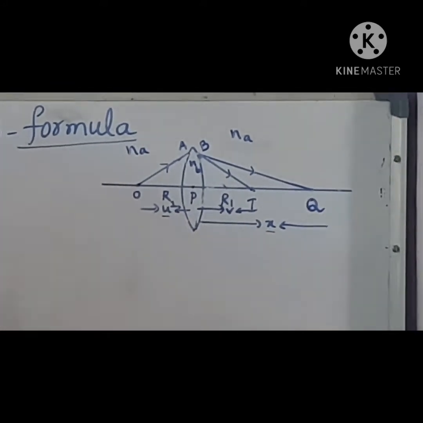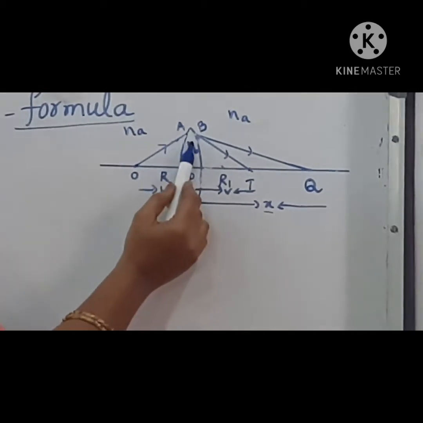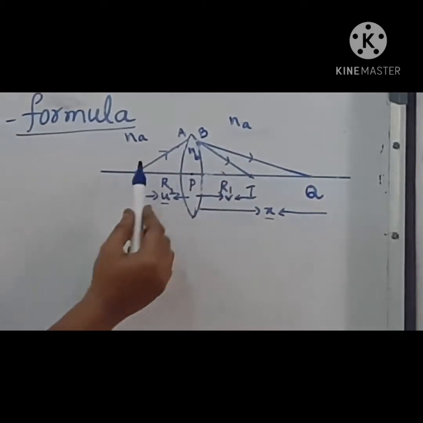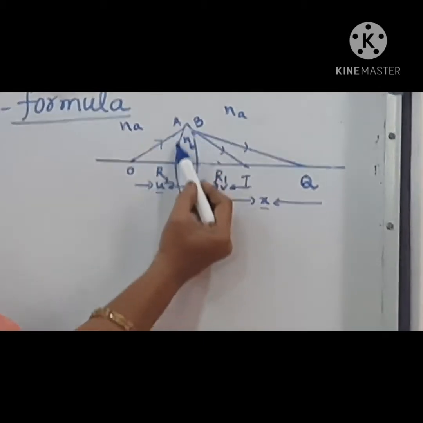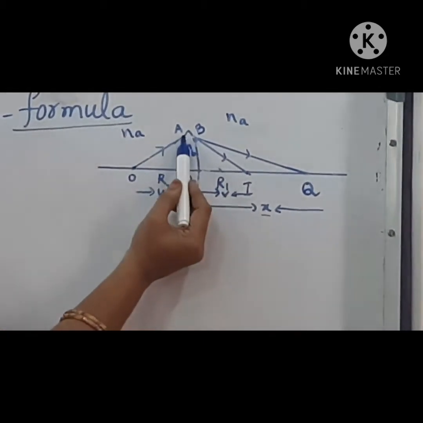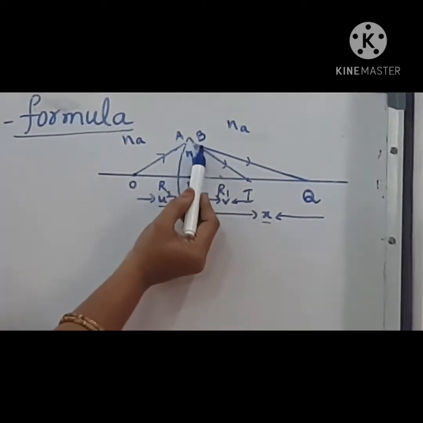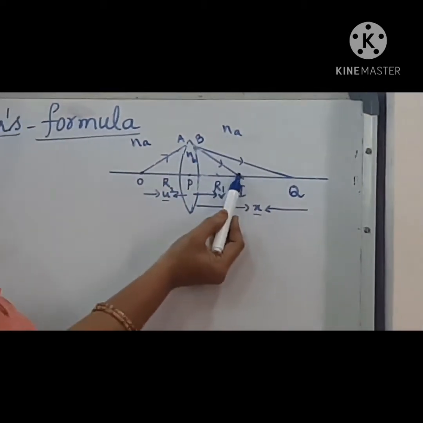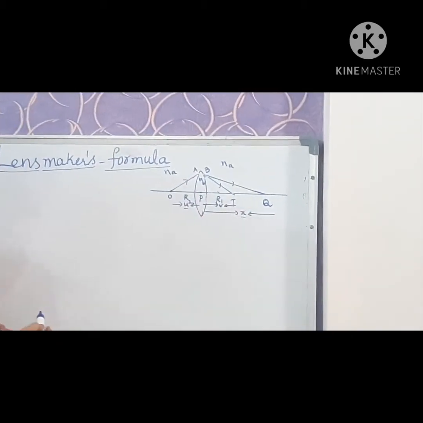One is from rarer to denser and another is from denser to rarer. When the light ray travels from the rarer medium and enters the denser medium, it refracts and touches the principal axis at I.